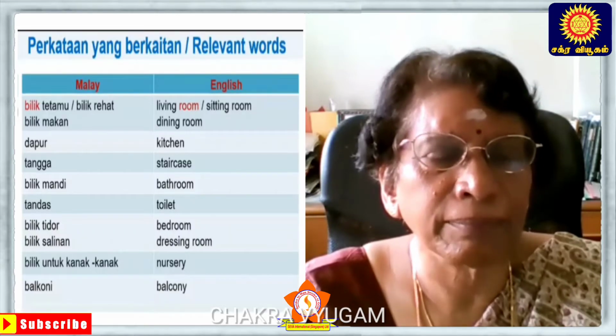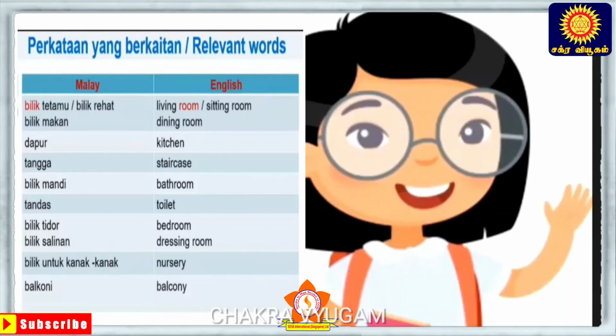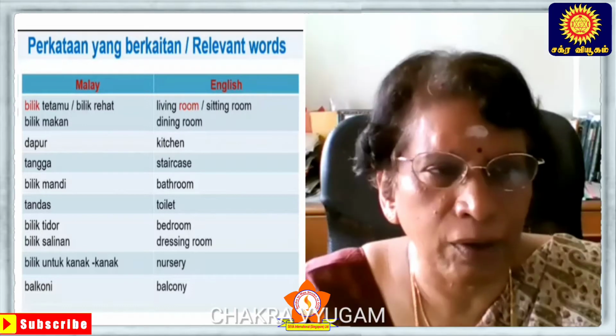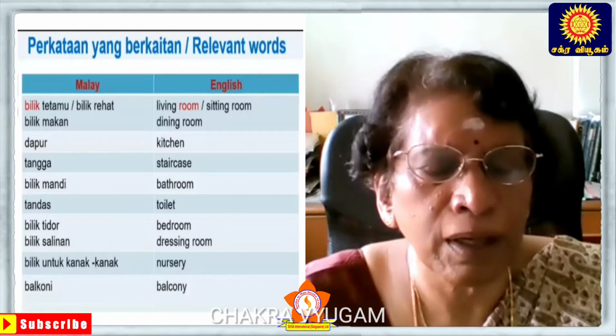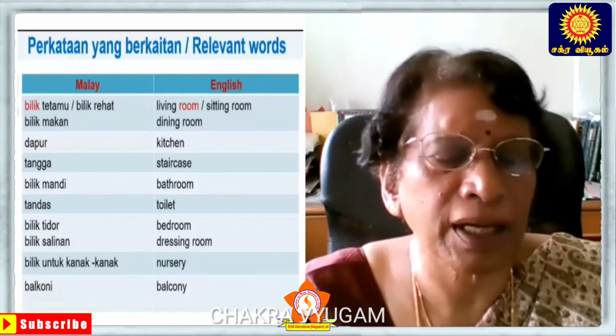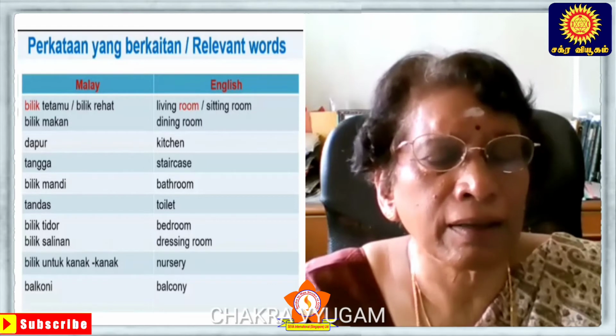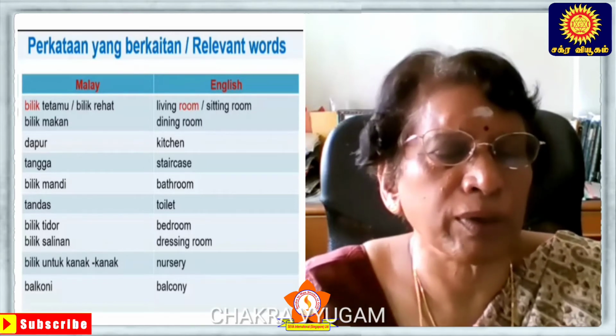Okay, please read the Malay. Bilik tetamu, bilik rehat, bilik makan. Bilik tetamu, bilik rehat is living room or sitting room, sometimes called the hall in Asian countries, but properly it's the living room where you invite.